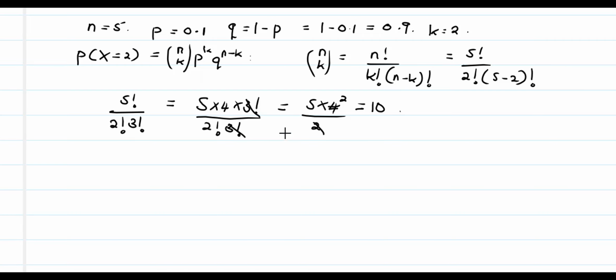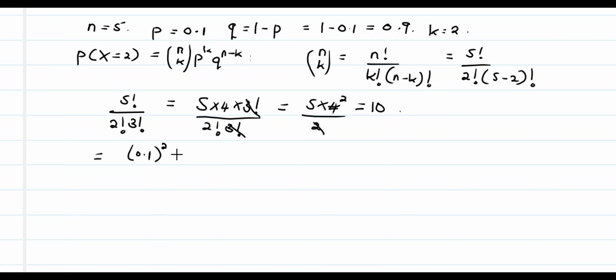Then we do have this part here, where we have p raised to power k, then q raised to n minus k. But we already have the probability of success being 0.1. So we just replace it here with 0.1, raised to power k, but we already know k is 2.